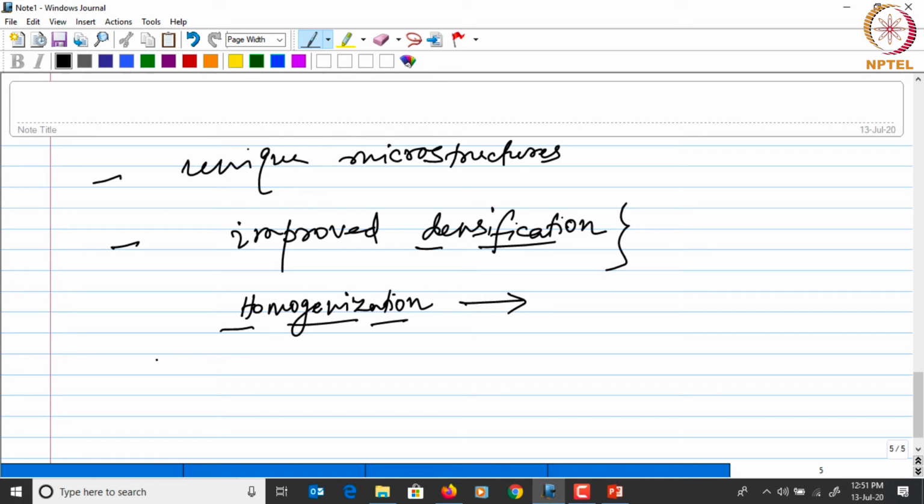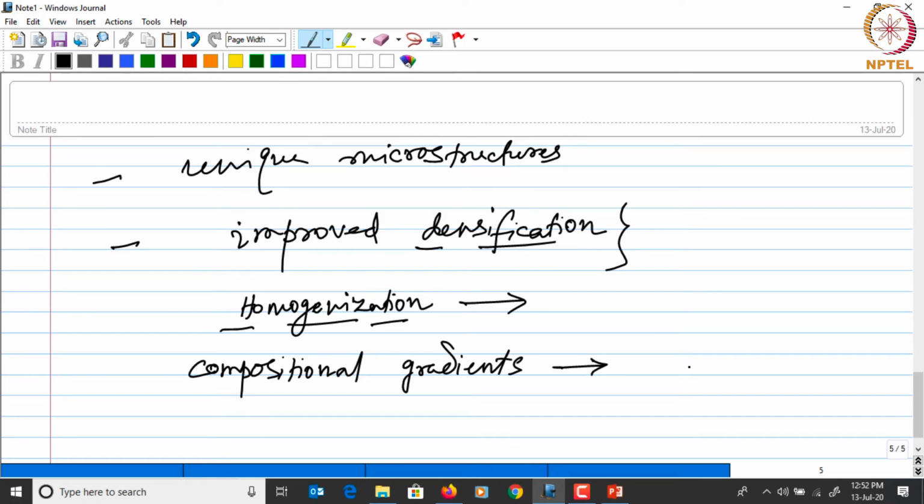And here in the mixed powder or in the green compact, you have compositional gradients because you are still in the green state, and this homogenization part will happen only when the compact is heated to high temperatures. So these gradients that you have, higher concentration somewhere and lower concentration in other parts, basically provide you a concentration gradient which will promote mass flow, right?